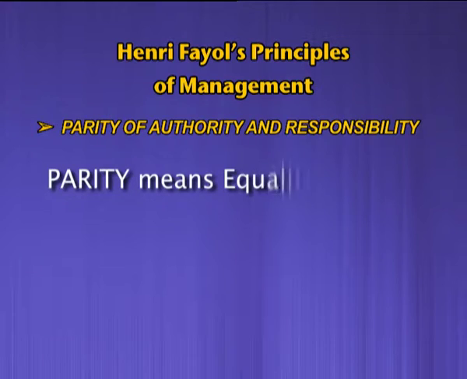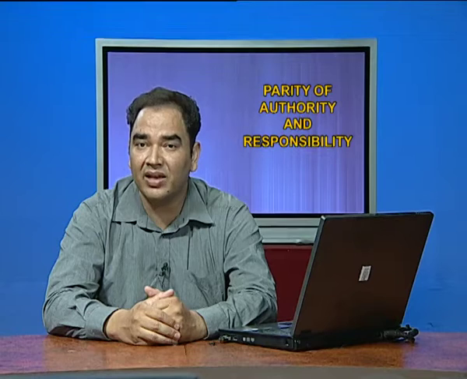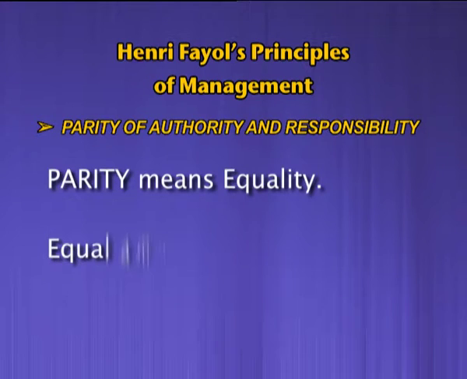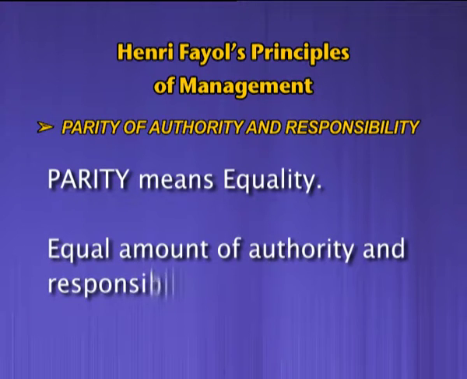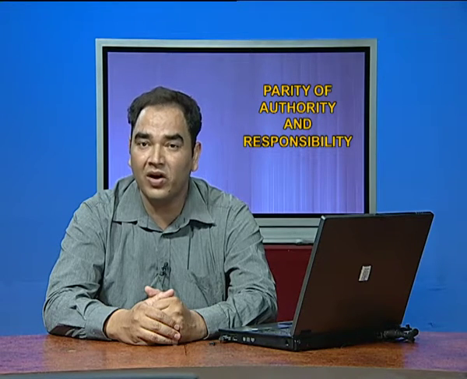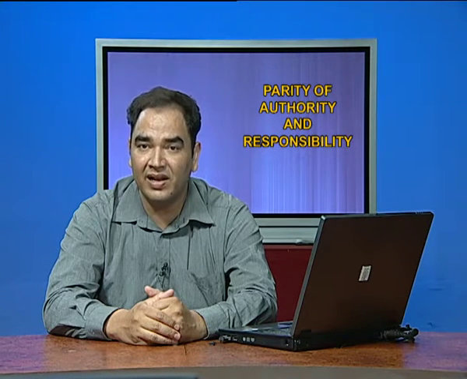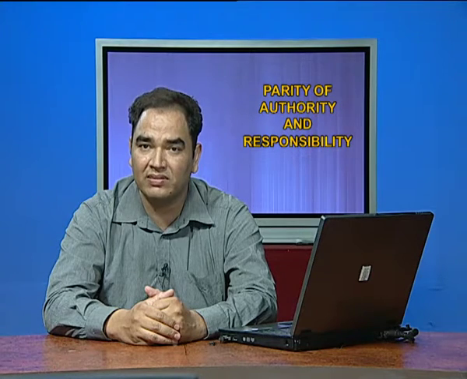Parity means equality. When superiors are giving jobs to the subordinates, they must ensure that equal amount of authority is also given to them. Because once the responsibility is given and if authority is not given, then the subordinate will not be able to complete the task, and as a result, the business will fail in achieving its common goals.